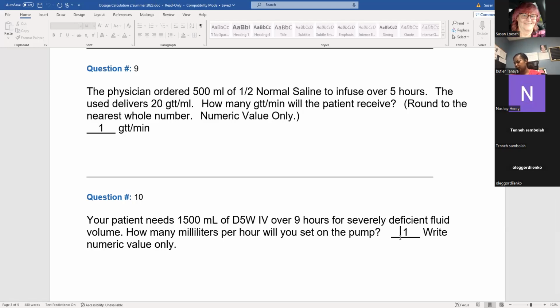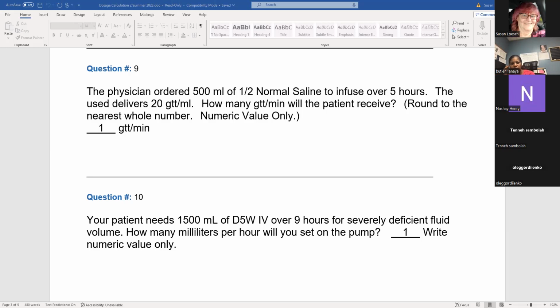Can you set an IV pump to the nearest 10th? Yes, you can. Let's see how your instructor gave you this answer. I want to see how she rounded it. This should tell you to round it to the nearest 10th if that's how they want it rounded. So she rounded this to the nearest whole number.